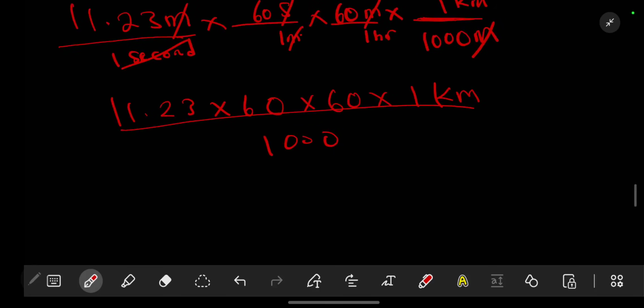This gives us 11.23 times 60 times 60 divided by 1000, a value equivalent to 40.428 kilometers per hour.